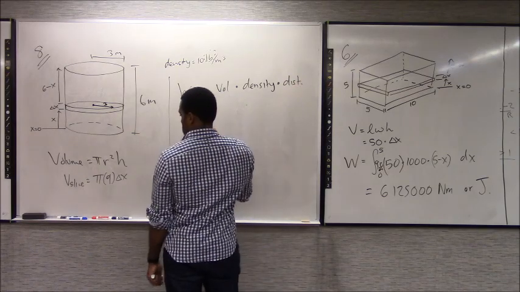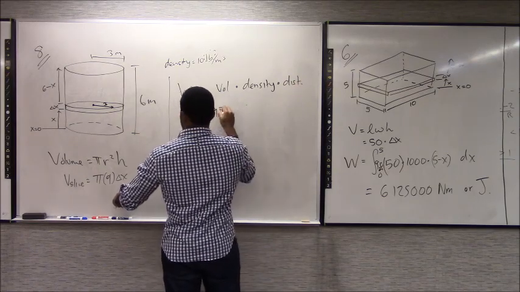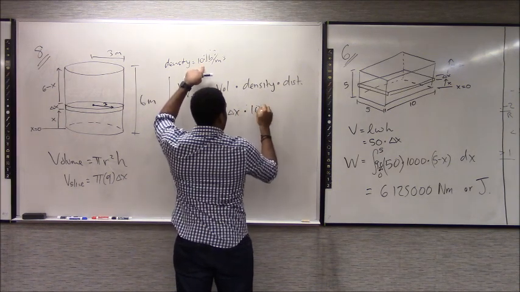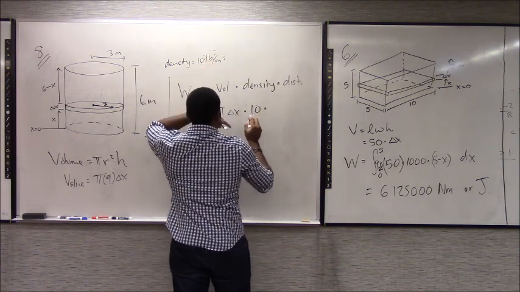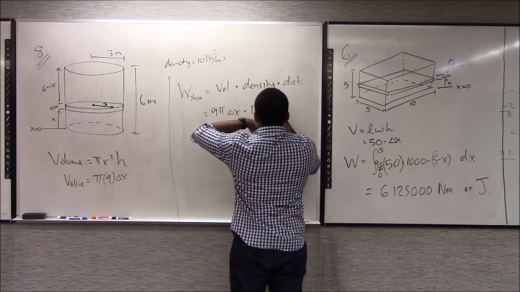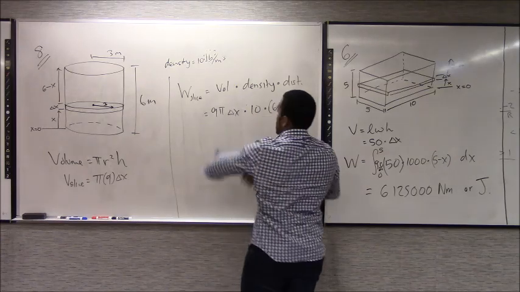So the volume we just found, that is 9 pi delta x. Density, 10, and it's already in pounds, so we don't have to worry about changing units. Distance, 6 minus x. That's the distance it has to travel.